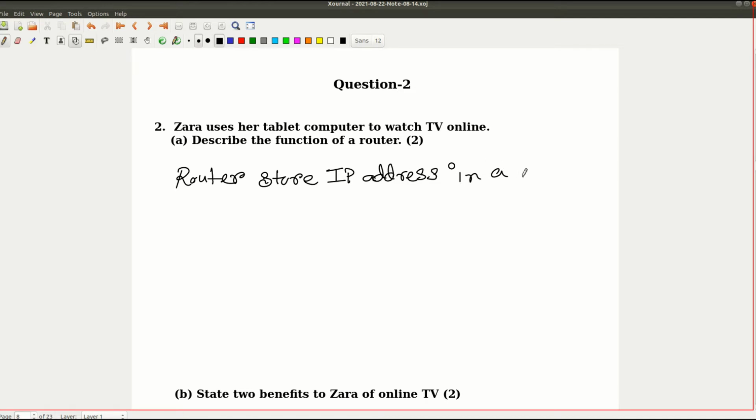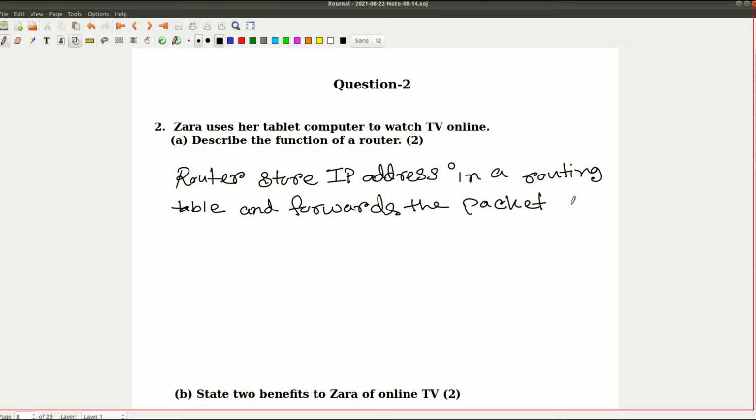Okay, routing table, and forwards the packet, sorry, and forwards the packet using the most efficient route.